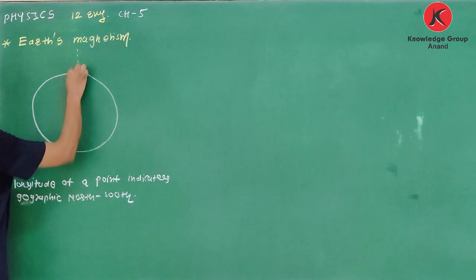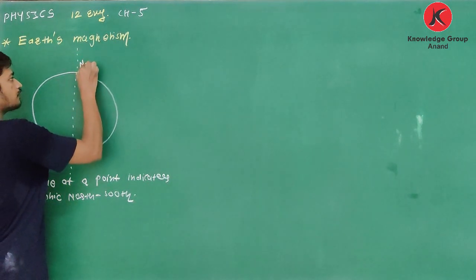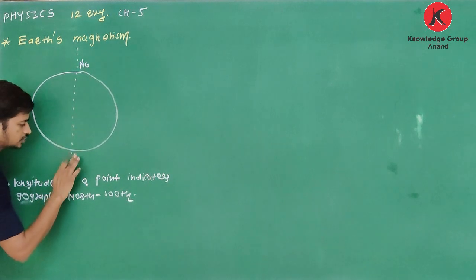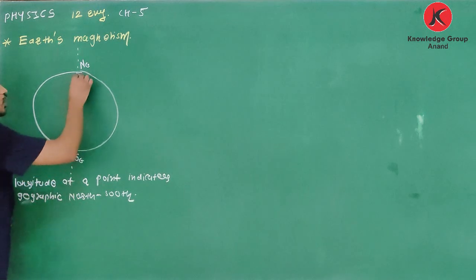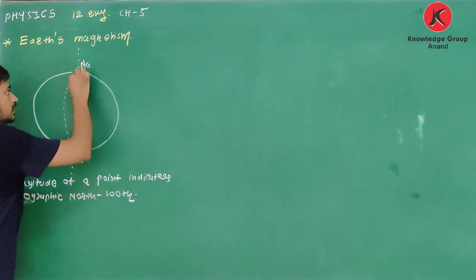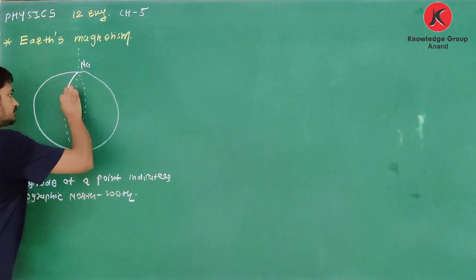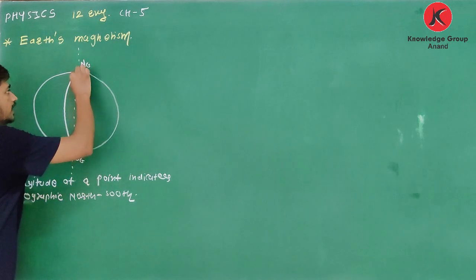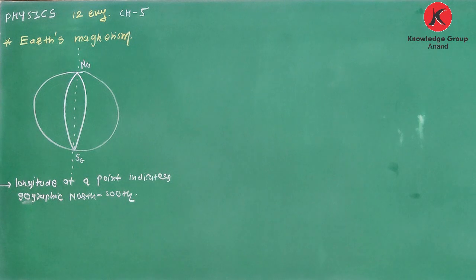See, it is the axis of rotation. It is geographical north, it is geographical south. Yes or no? So the longitude circle is like this. It is the longitude circle which indicates geographic north and geographic south.